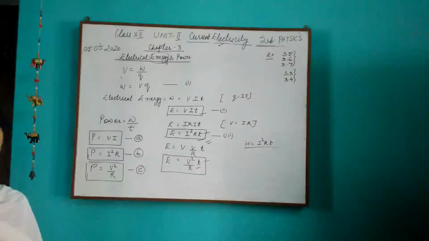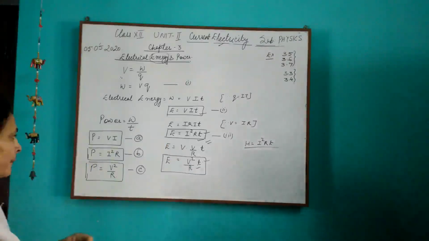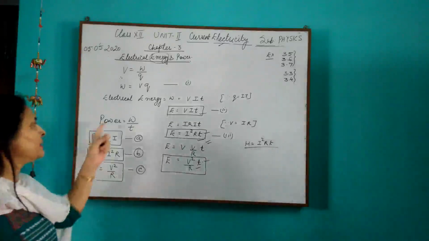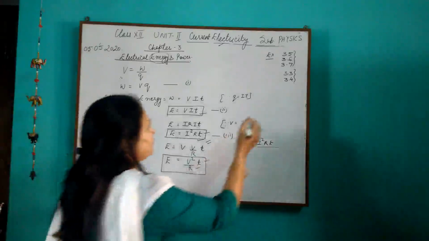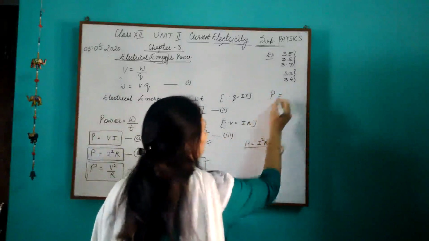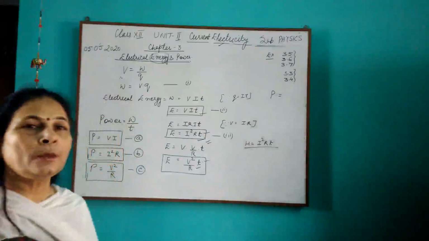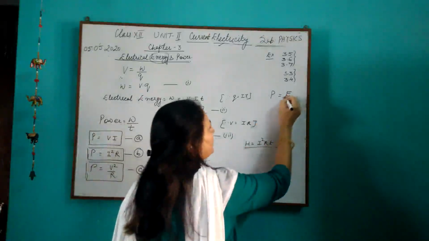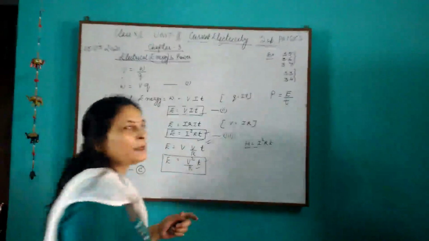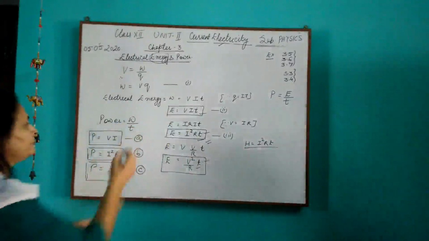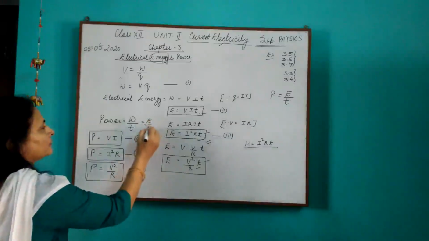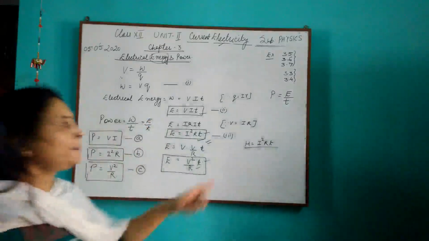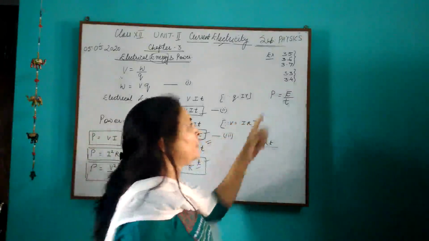Now we shall talk about their units. As far as P is concerned, when we say P is equal to work done upon time, whenever we are talking about electricity, it is always electrical energy upon time. These are similar expressions. So what shall be the unit for power here?